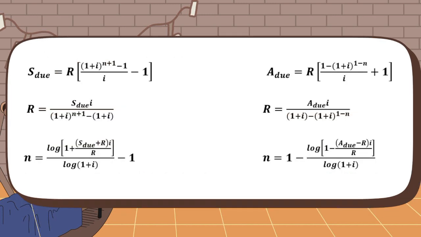And these are the formulas that we will use based on what the problem is asking us to find. Again, you can take a picture or write it in your notebook before we proceed. Are you done? Okay, let's continue.